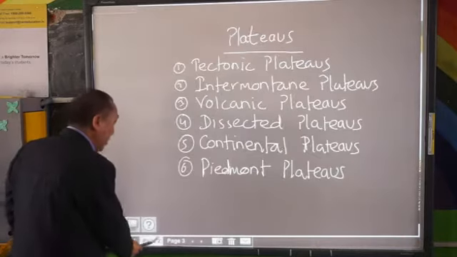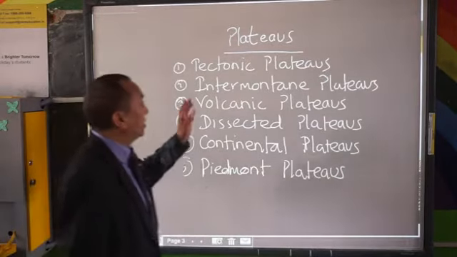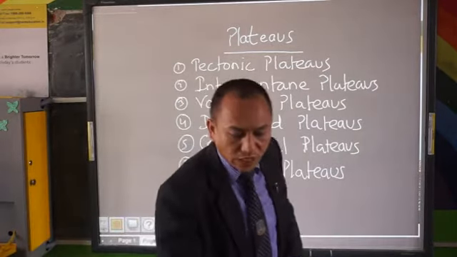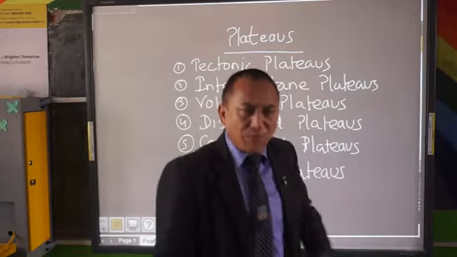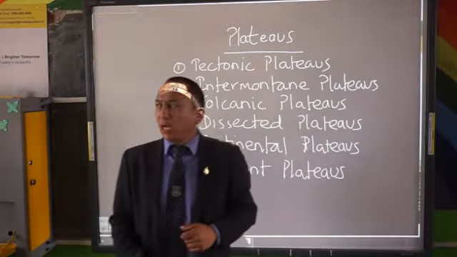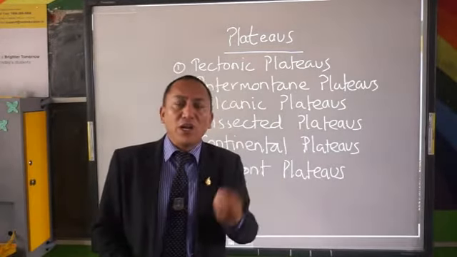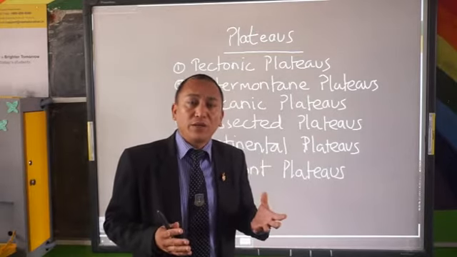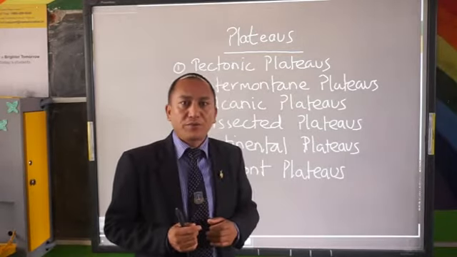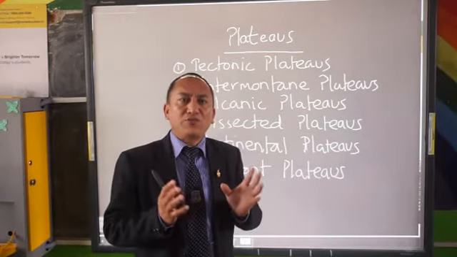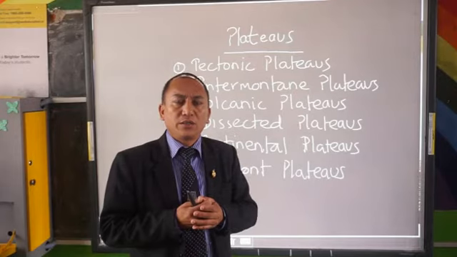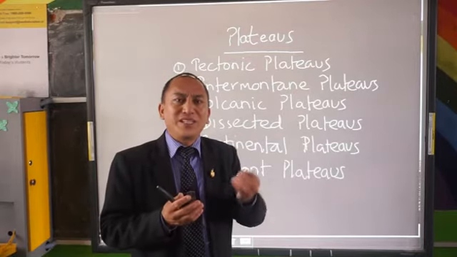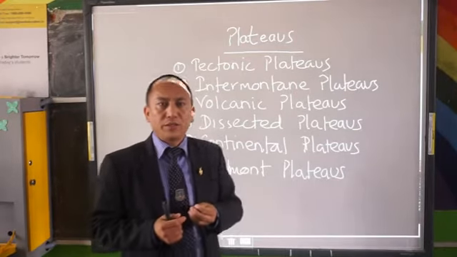Now let's go to the next one, page number 2, that is the plateaus. Before we go to the plateaus, you can see even the example of the Himalayas. The Himalayas at one point of time were the sea. They were formed from the sea called the Tethys Sea.